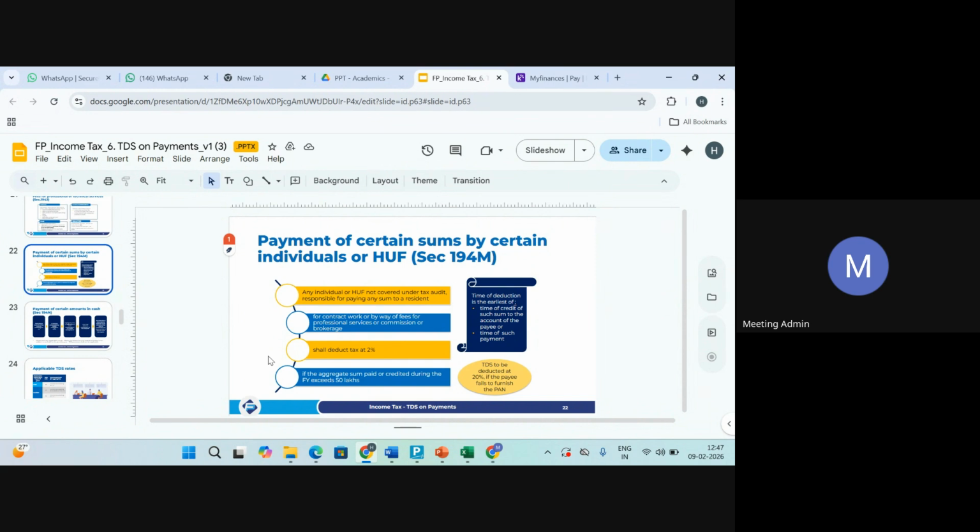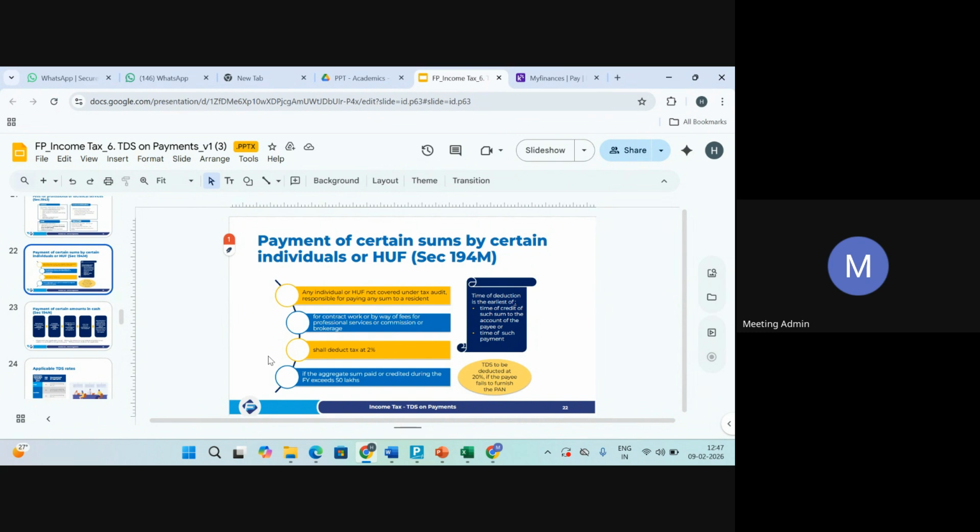In that situation, any individual or Hindu undivided family not covered under the tax audit, responsible for paying any sum to a resident, has to pay by themselves. Since it's a direct tax, they can pay directly to the government, even without a TAN number. No problem.